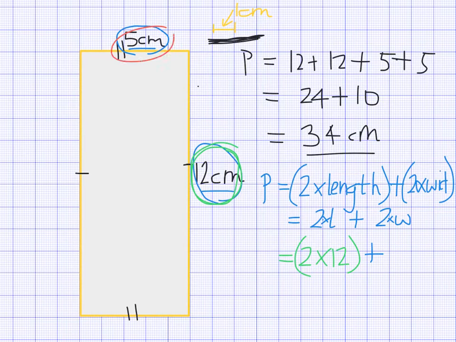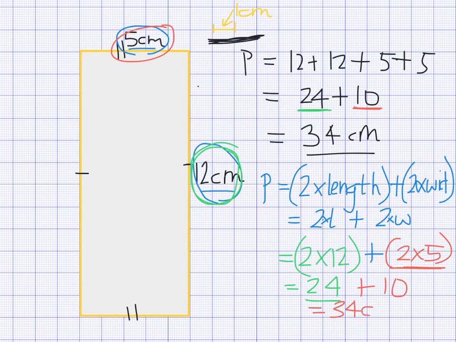What is the width? 5 centimetres. So 2 times 5. 2 times 12 is 24. You can see that this is the same as if we're doubling them, because timesing by 2 is the same as doubling. And 2 times 5 is 10. We'll still end up with our answer of 34 centimetres.